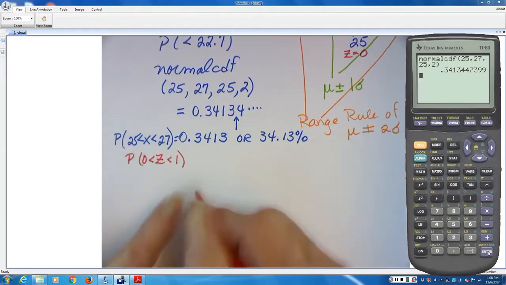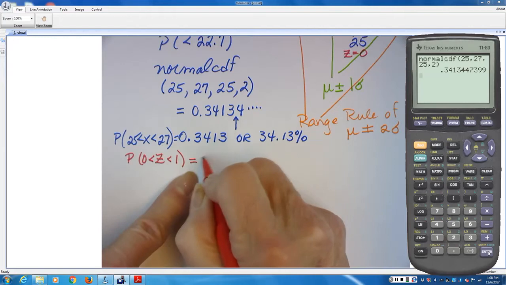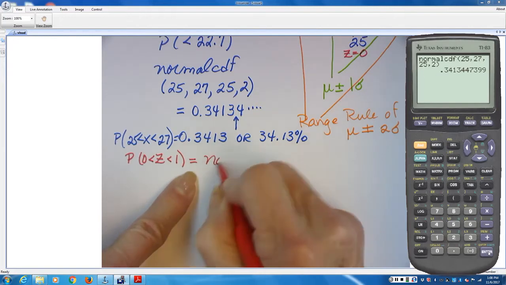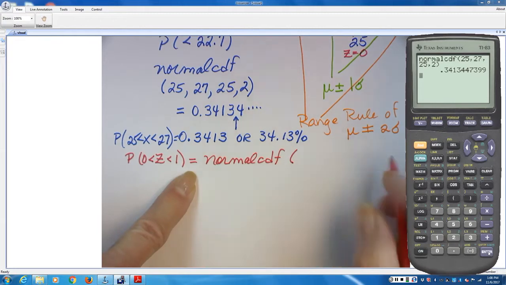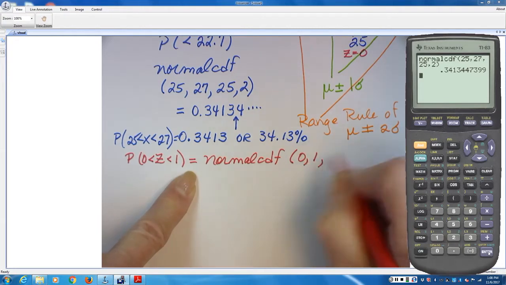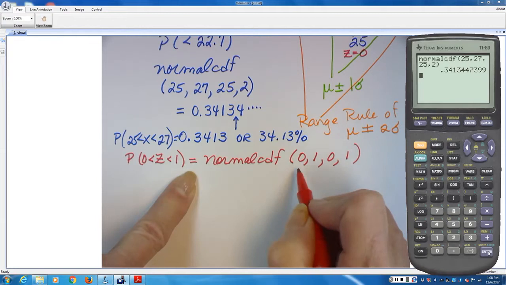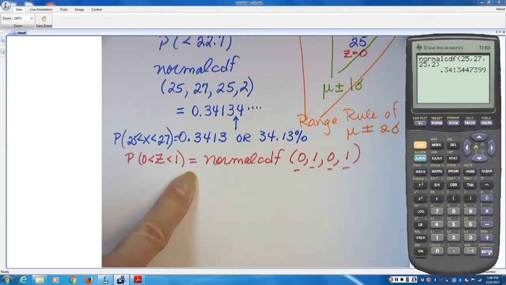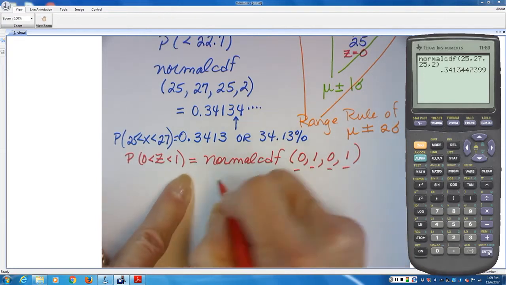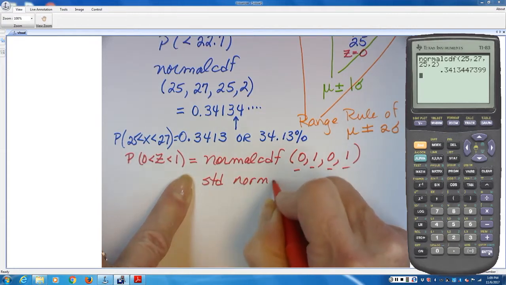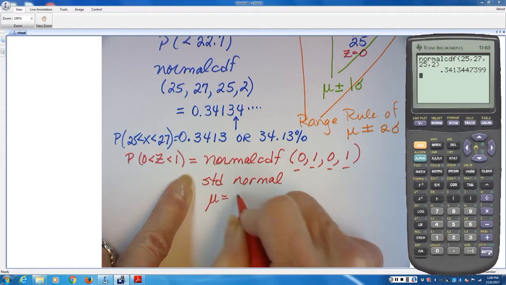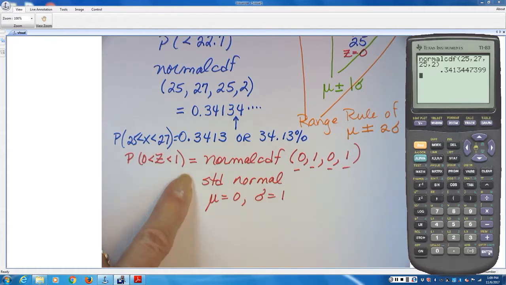So the only difference is we're talking in terms of z-scores, and we would enter it saying normal CDF, 0, comma, 1, comma, 0, comma, 1. Low, high, mean, standard deviation for a standard normal, knowing that the standard normal curve has a mean of 0 and a standard deviation of 1.